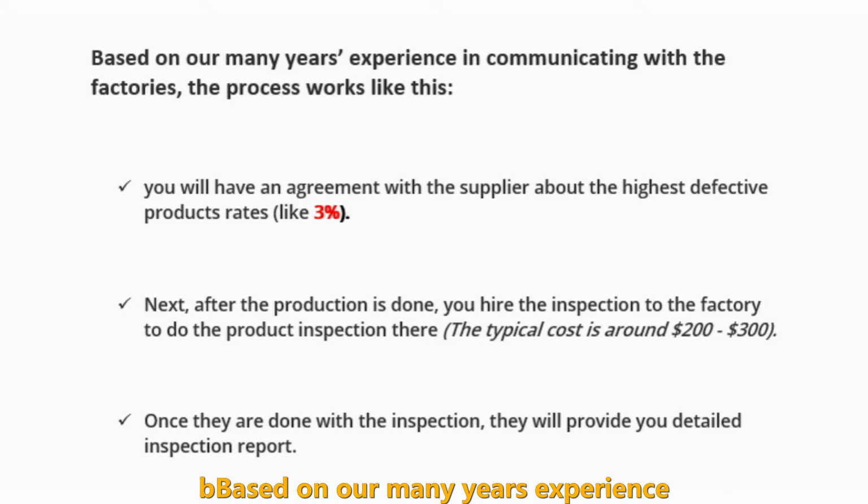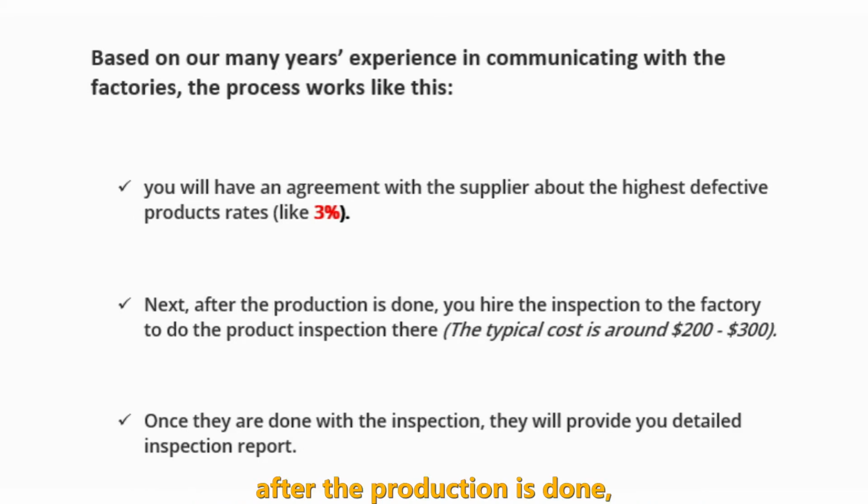Based on our many years' experience in communicating with the factories, a typical process works like this. First, you will have an agreement with the supplier about the highest defective products rate, which means the percentage of defective products cannot exceed this criteria.